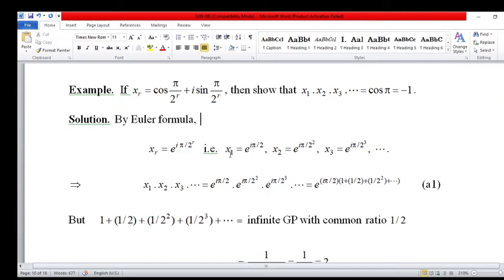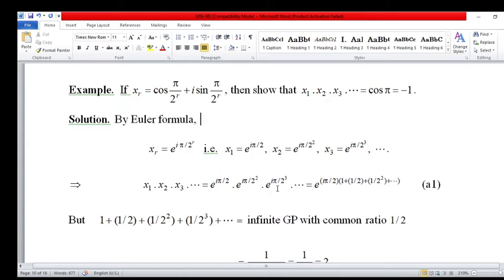Now after putting r equal to 1, 2, 3 and so on, we have the values of x1, x2, x3. Now the product of x1, x2, x3 and so on is x1 into x2 into x3 and so on. Substitute the value of x1, this is the value of x2, this is the value of x3 and so on.